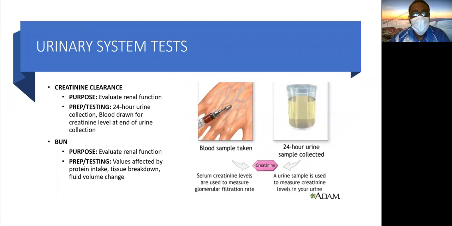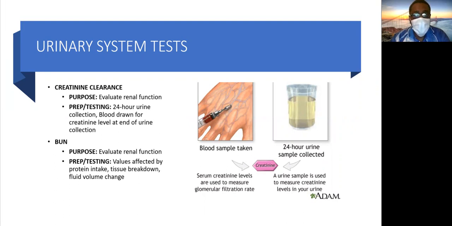We can also carry out creatinine clearance, which is also part of the urinary system tests. The creatinine clearance test measures creatinine levels in both a sample of blood and a sample of urine from a 24-hour urine collection. It's done to evaluate renal function.